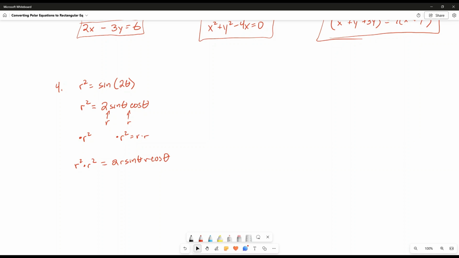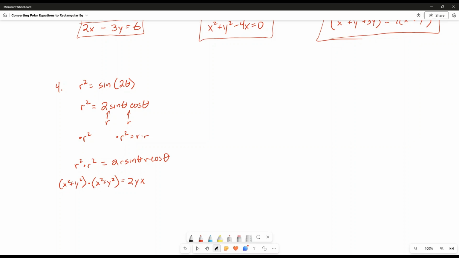So I know r squared is x squared plus y squared, but I have to do that twice, right? Because I have r squared times r squared. So x squared plus y squared times x squared plus y squared. And that is going to equal a 2y and an x, so 2yx. We could simplify this a little bit.